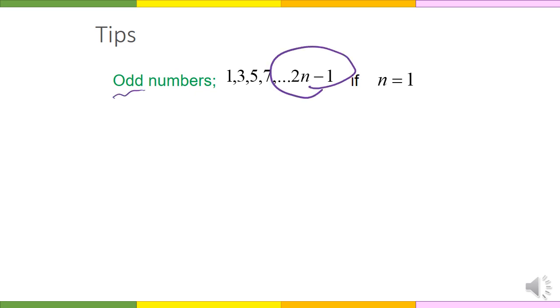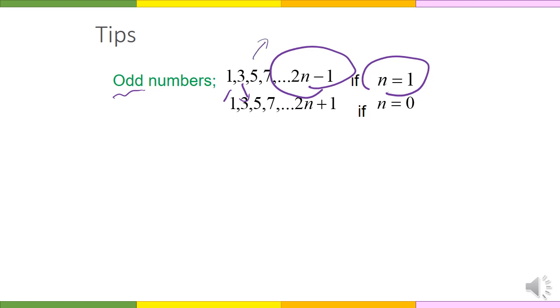Okay, tips. Usually we use this in recognizing the type of sequence. So for example, for 1, 3, 5, 7, these are odd numbers, right? So we can represent it generally as 2n minus 1, where n is 1 for the first term. And then for 3, n is 2. For 5, n is 3.